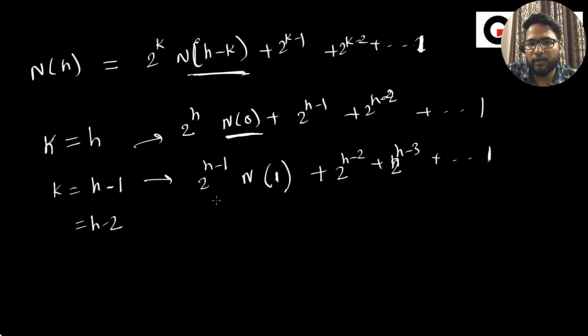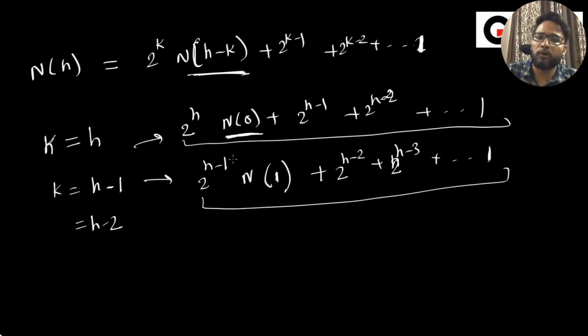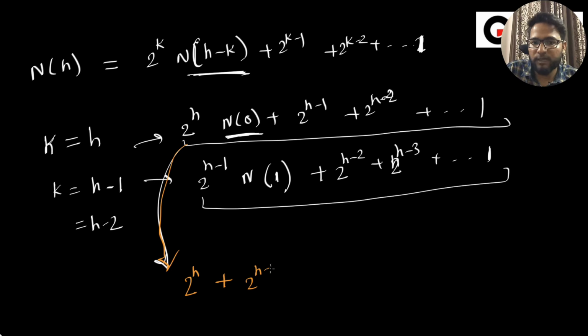So you can solve this also, everything is fine, there is no problem. If you want, you can solve by putting 3, you will get the same answer. You can try it. Now let me solve for this. Because I know the value of n_0, which is 1, it is 2 power h into 1, but I have not multiplied by 1 because I know it is just 1, so it will be just 2 power h, right?